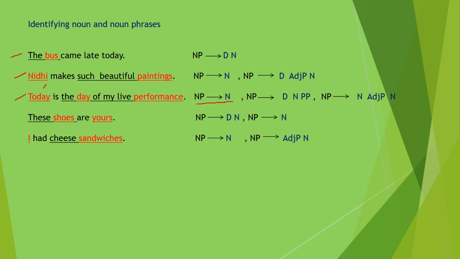And in the second phrase we have this whole section after is, the day of my live performance. Here we have the determiner the, then the noun day, and then this prepositional phrase of my live performance. So this will act as a prepositional phrase, and it will be included in the noun phrase.